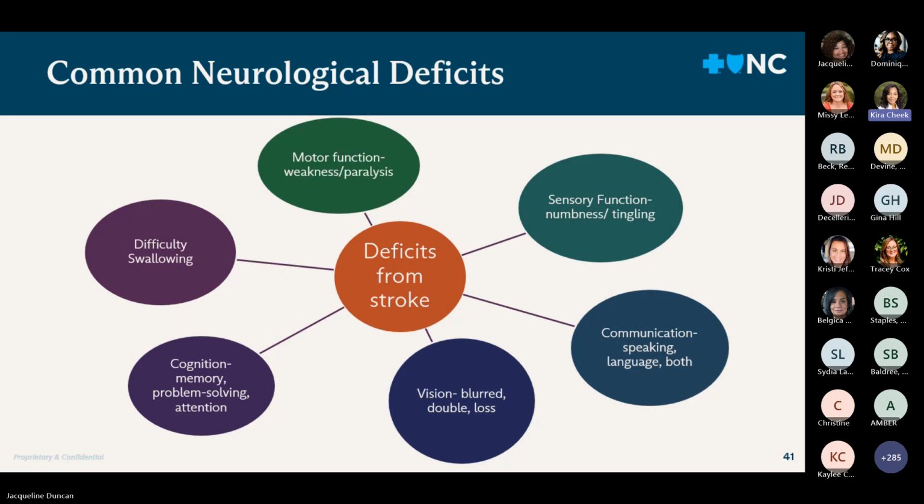Another extremely common deficit is difficulty speaking and understanding language. Difficulty swallowing, or dysphagia, can also be a significant issue. So, what determines the deficits of a stroke? We'll take a closer look at that on the next slide.